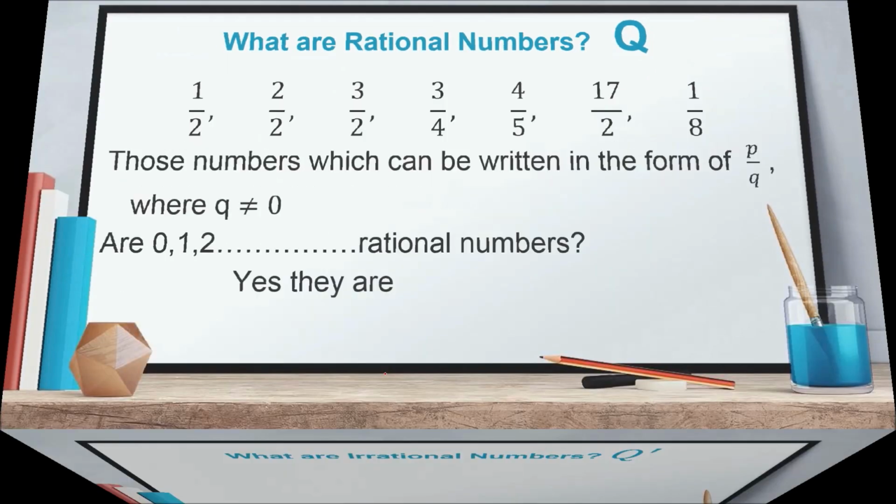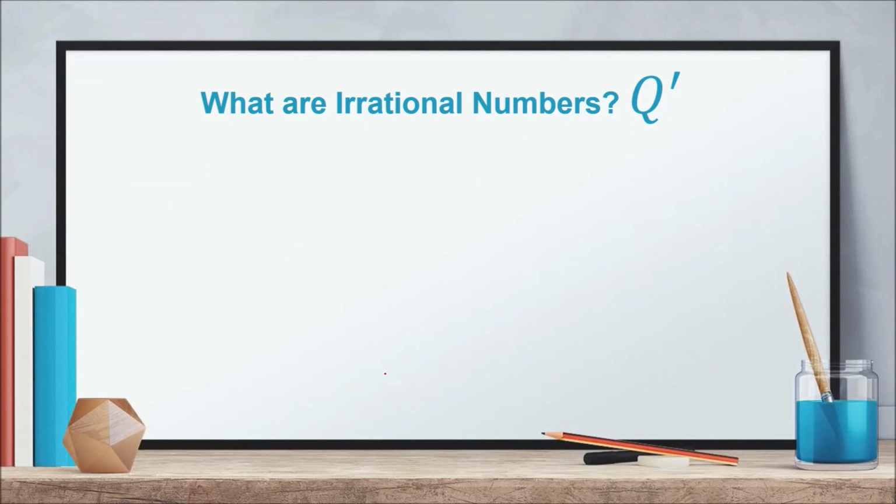Now we will discuss what irrational numbers are. Irrational numbers are denoted by Q prime, or sometimes by Q^c, which is the complement of Q. Irrational numbers are those numbers which cannot be written in the form of p/q.